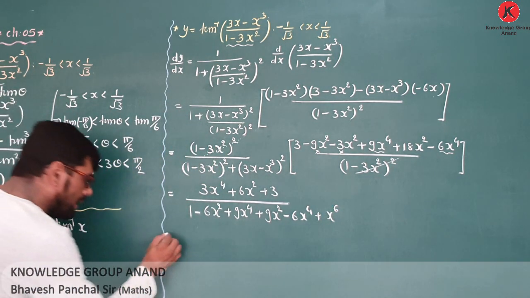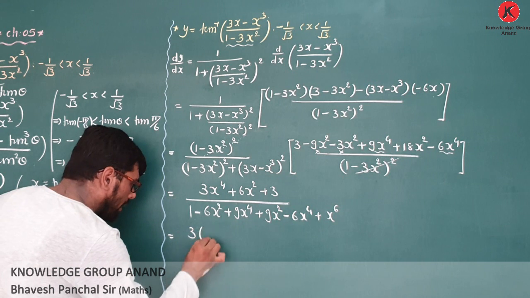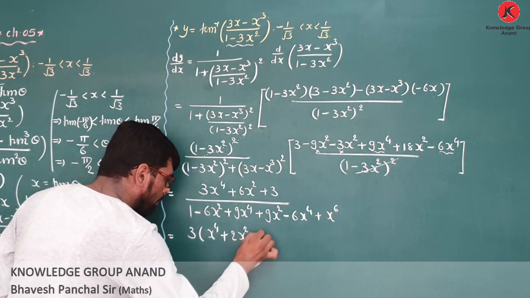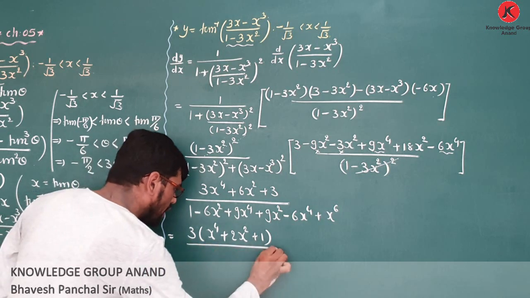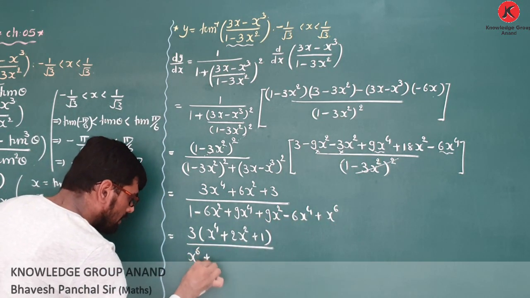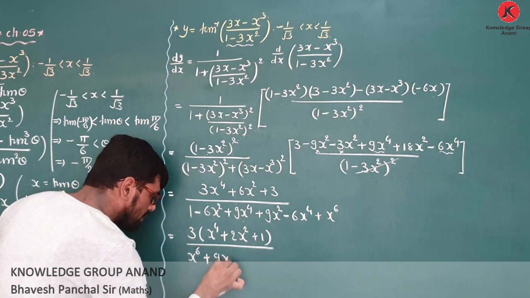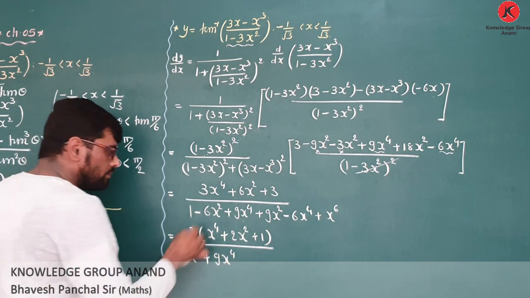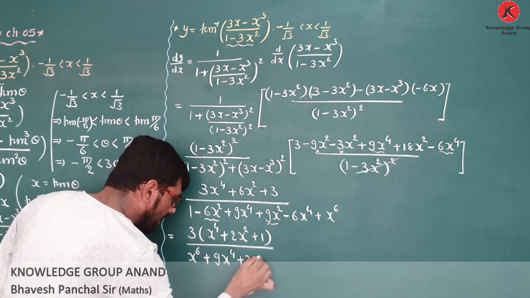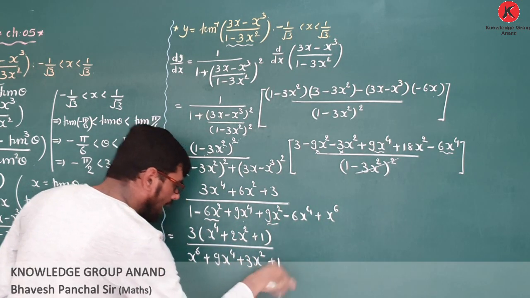See in numerator 3 is common, then bracket x raised to 4 plus 2x square plus 1. Now in denominator, see here, first I write x raised to 6, then I write 9x raised to 4, then minus 6x square plus 9x square, that is 3x square, and plus 1 as it is.